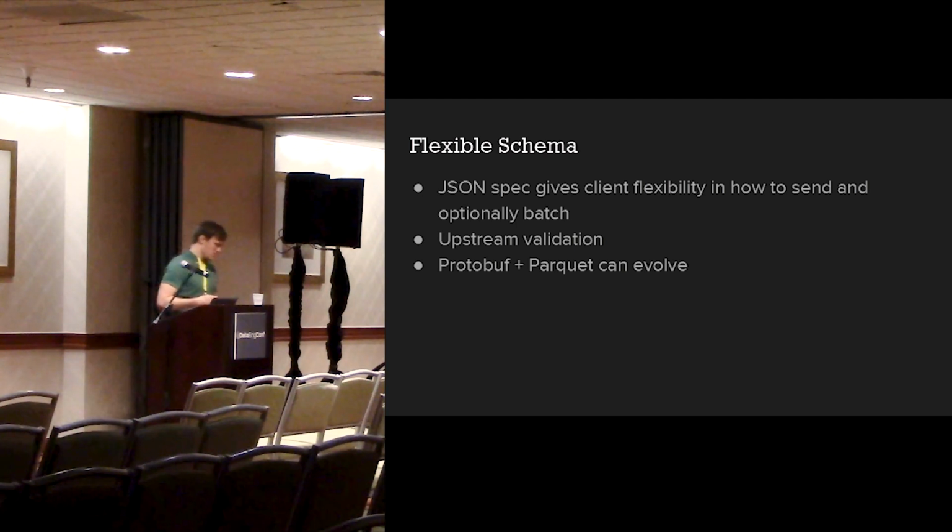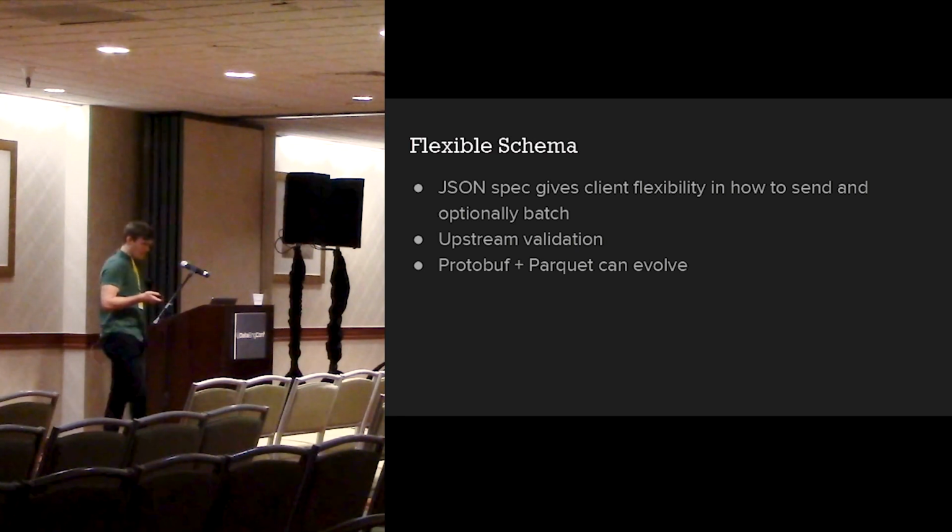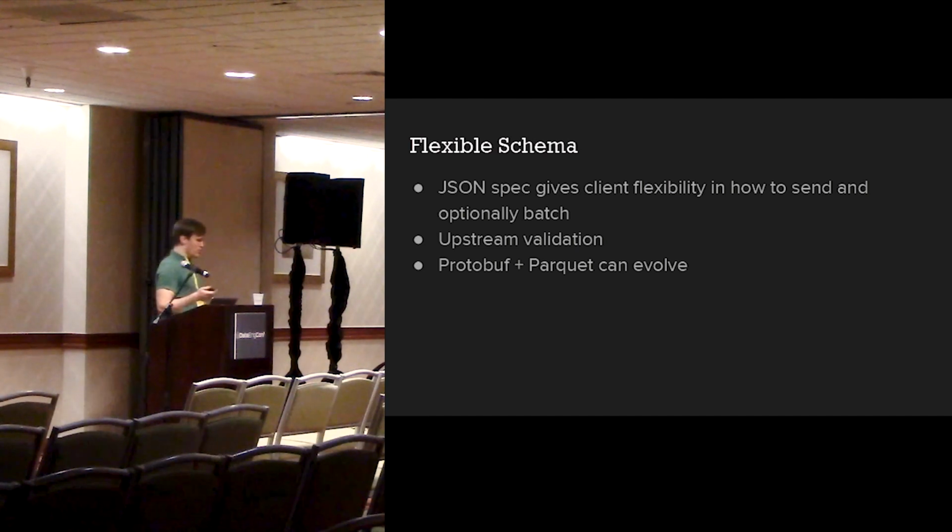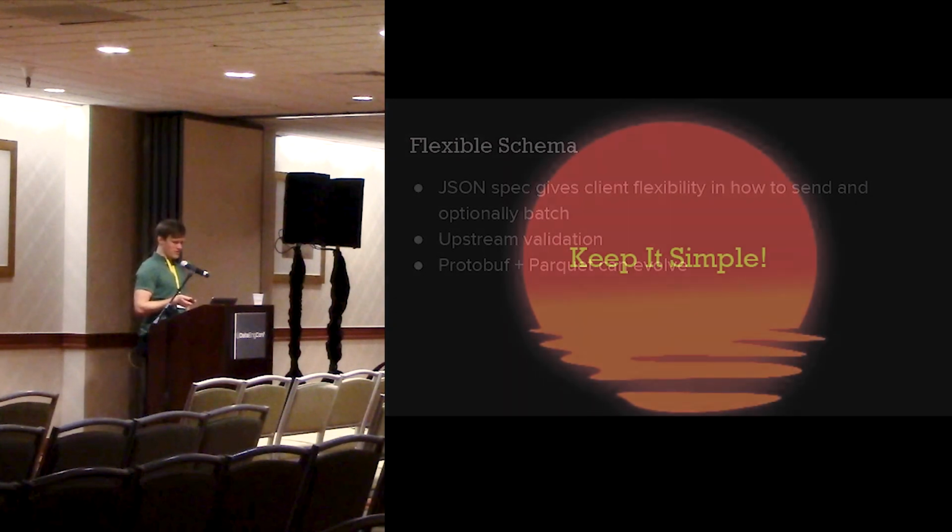We also like to have some upstream data validation in our pingback service. We have a protobuf spec that data gets validated against, but there are a lot of optional fields, so it's still flexible. And using protobuf upstream and Parquet downstream, both formats can evolve and are flexible for changes when we need to add new fields or deprecate old fields.